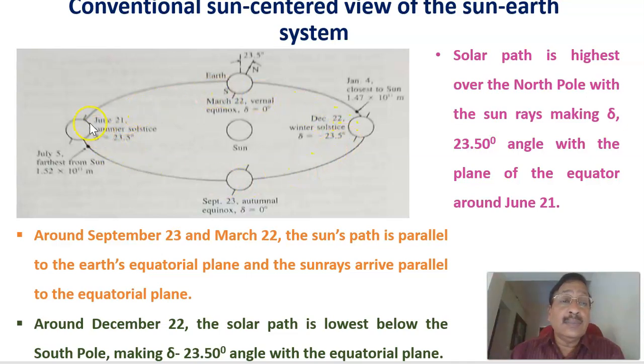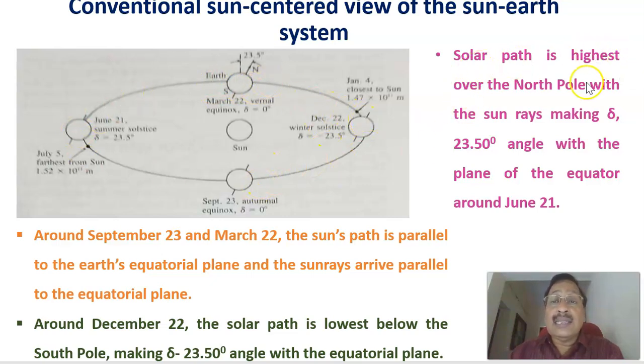This is the Earth position and this is the sun position. And here we see that the declination angle is delta equal to 0, here the declination angle equal to minus 23.5, here delta equal to plus 23.5, and here also declination angle equal to 0.